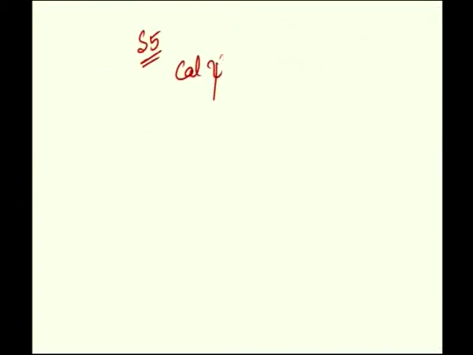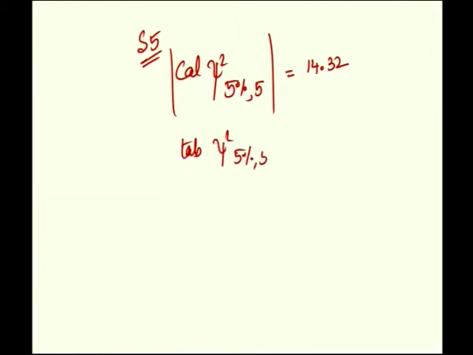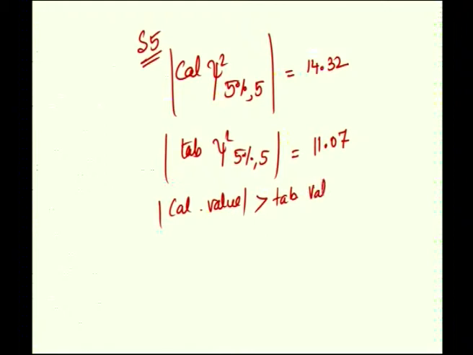Therefore, calculated chi-square at 5% level of significance, 5 degrees of freedom is equal to 14.32. Tabulated chi-square at 5%, 5 degrees of freedom is equal to 11.07. So, now just comparing, 14.32 is greater than 11.07. Therefore, calculated value is greater than tabulated value, H naught is rejected.